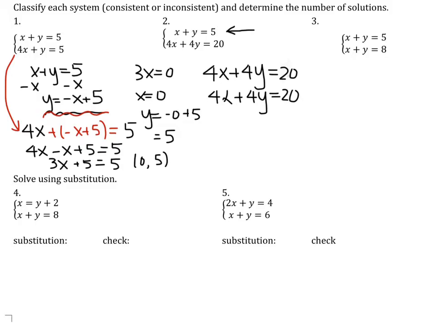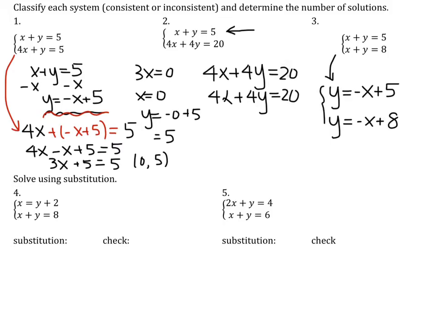How about number 3? x plus y equals 5, x plus y equals 8. If I rewrite these equations into slope-intercept form, in the first equation I subtract x from both sides. I have y equals negative x plus 5. In the second equation I do the same thing, y equals negative x plus 8.